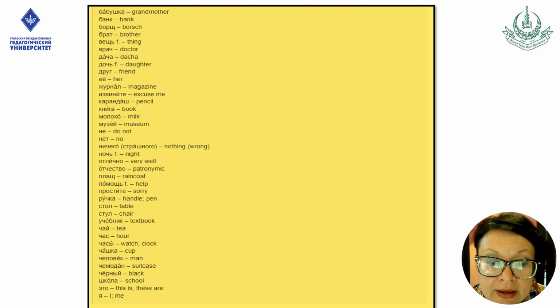Нет. Don't forget that in Russian it's possible to use both не and нет in one sentence. Double negation не, нет is possible in Russian. Нет. Ничего страшного.